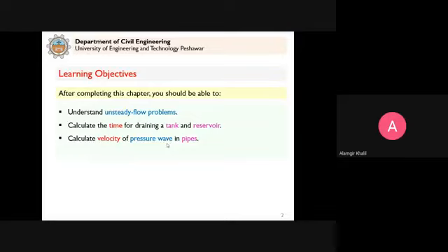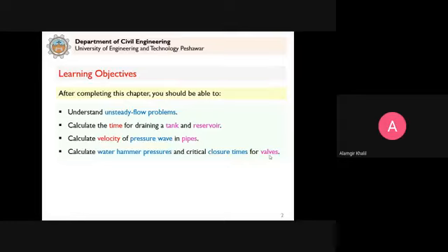Clear? With what velocity these pressure waves travel will give rise to what is known as water hammer. Water hammer is a phenomenon in which pressures develop because of these pressure waves, and we are interested in calculating the critical closure times for the valves, because valves are important components of piping systems.